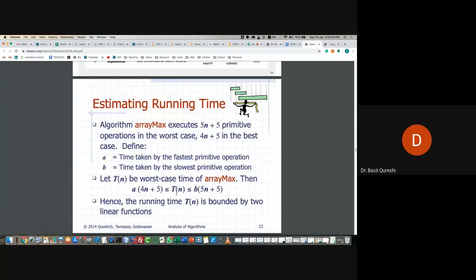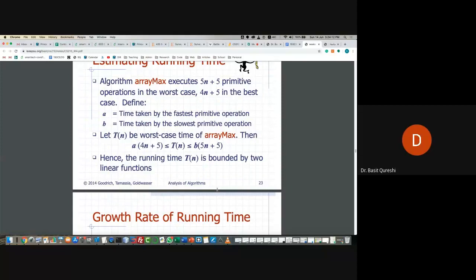For example, let's say there's some program which runs in time t. If I run the program, my best case turned out to be 4n plus 5, and the worst case time was 5n plus 5. This means that on average, my program should run between this interval. This was the best case and this was the worst case.